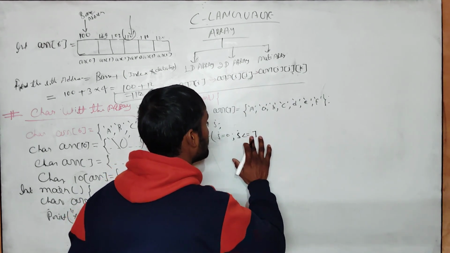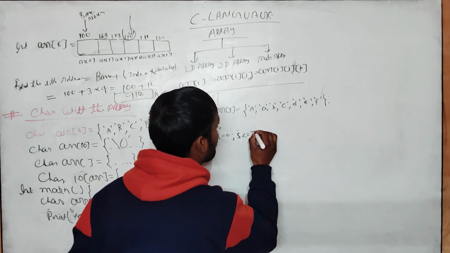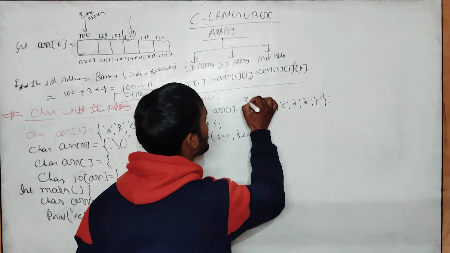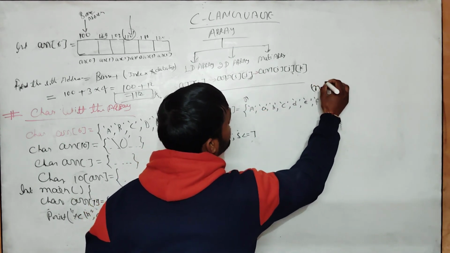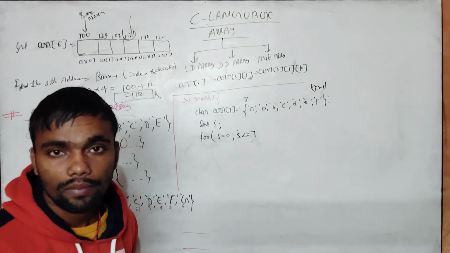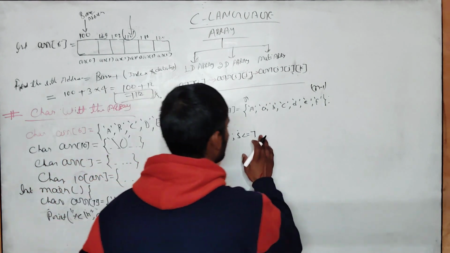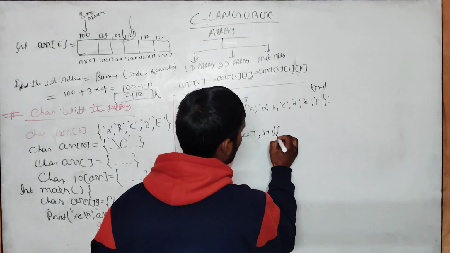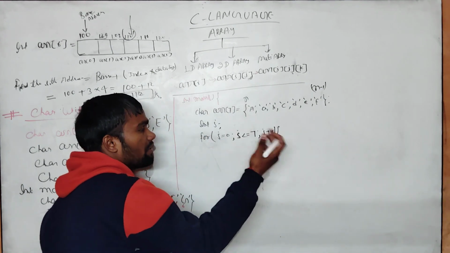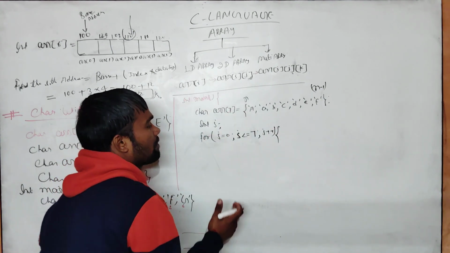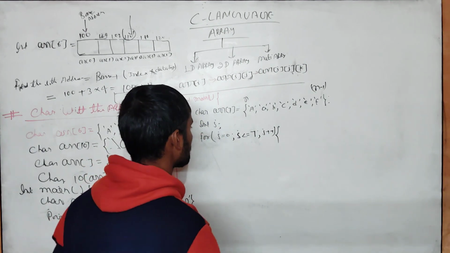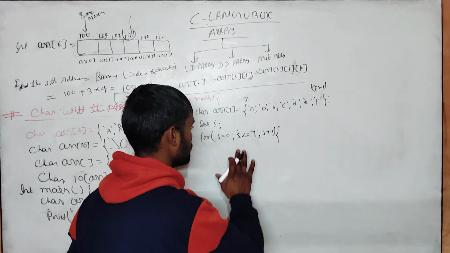Because I already told all of you, our loop will work n minus 1 times; if the number of elements is n, then it works n minus 1. Then i plus plus. i is a variable which is working with the loop, and i is initialized with 0. Fine.